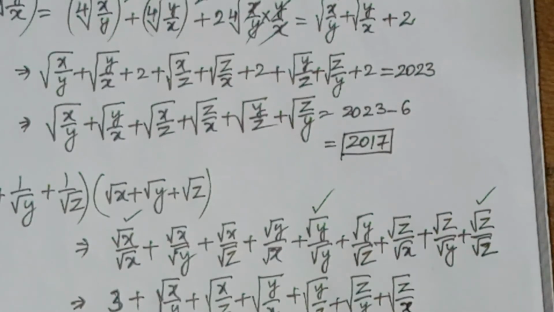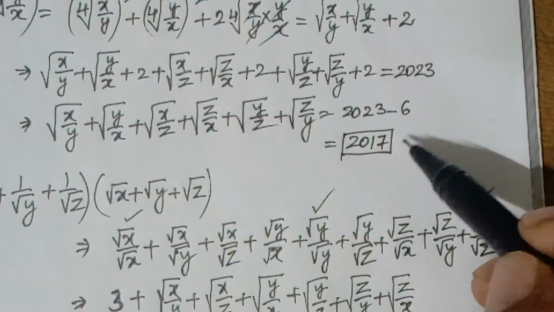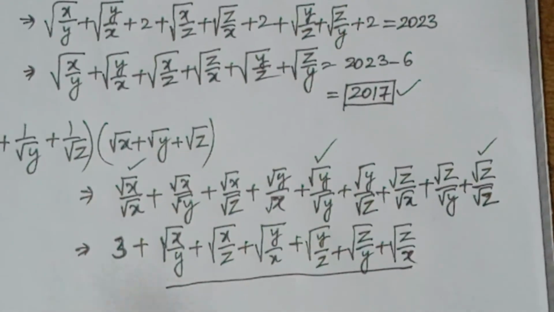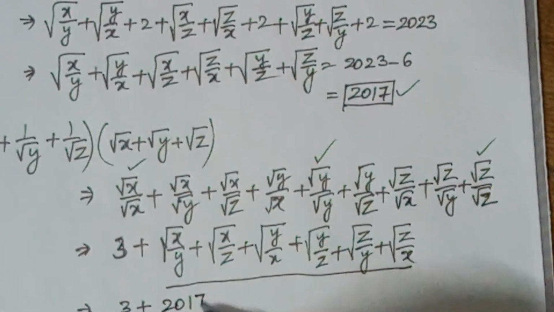So this is the product you are getting. In this product, you know this value is 2017. So you can write it as 3 plus 2017. So you'll get 2020.